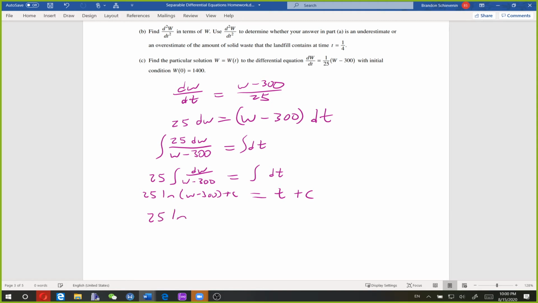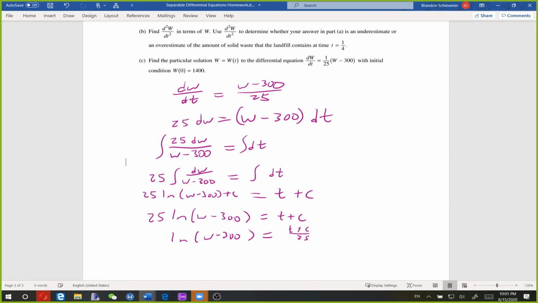Perfect, so only the left side because they're not the same constant. We haven't proven they're the same constant yet, so w minus 300 is equal to t plus c. If these had both come from the same integral, then we could prove they're the same constant and cancel, which is why they do cancel on the left. Okay, keep going. Cool, natural log w minus 300 equals t plus c over 25.